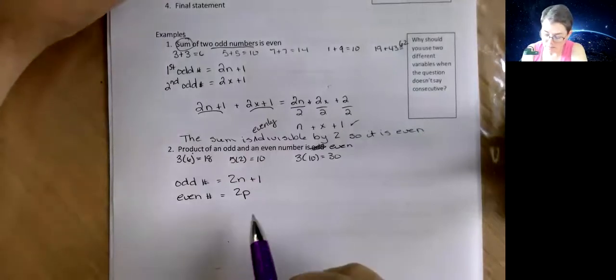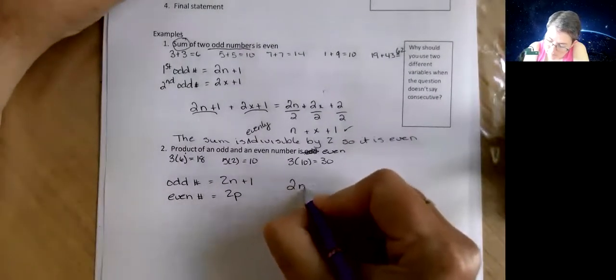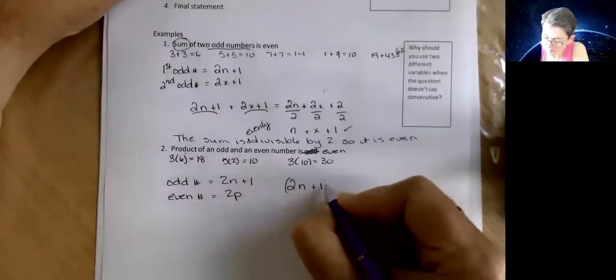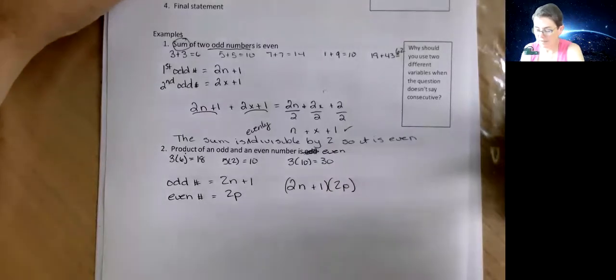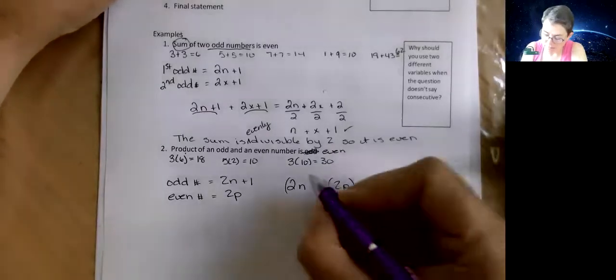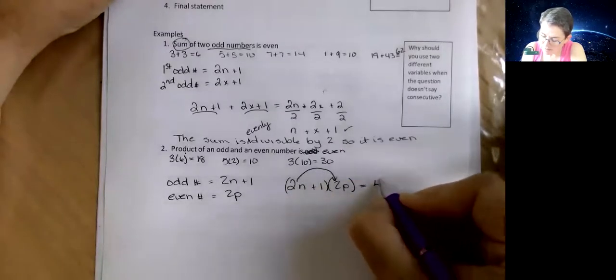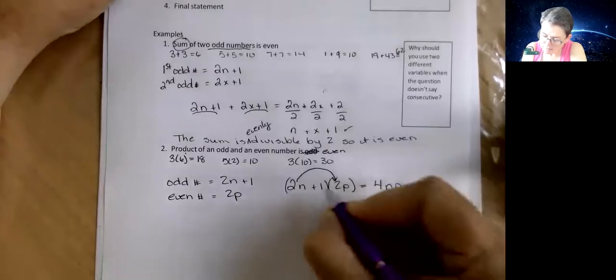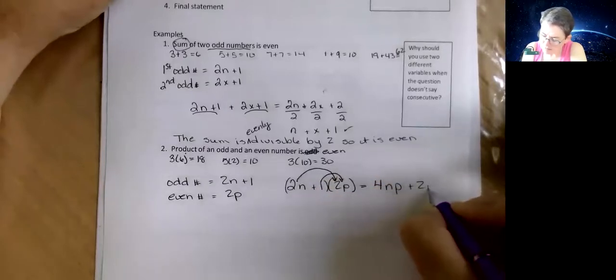So we need to multiply. All right. That looks kind of weird, but you know what? We can do it. 2n times 2p is 4np, and 1 times 2p is plus 2p.